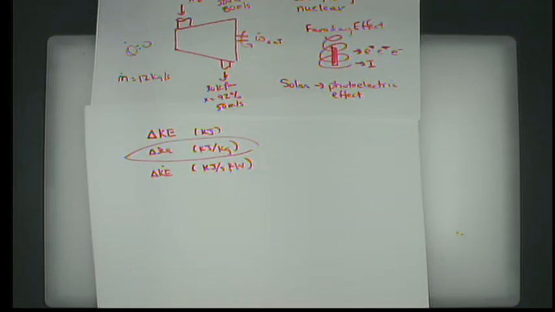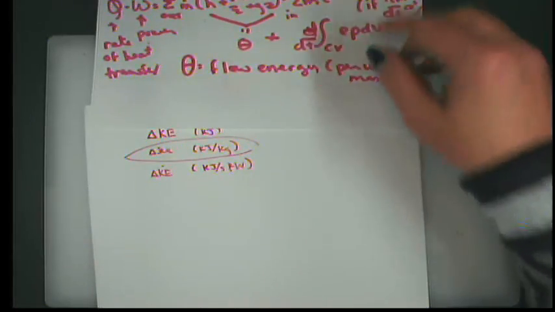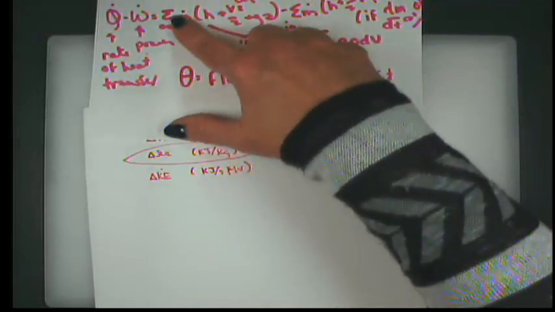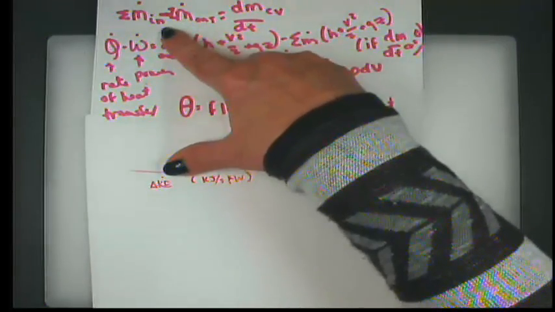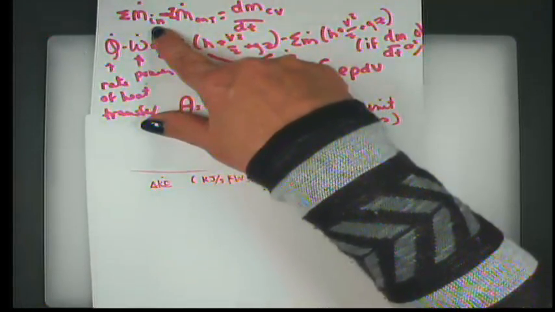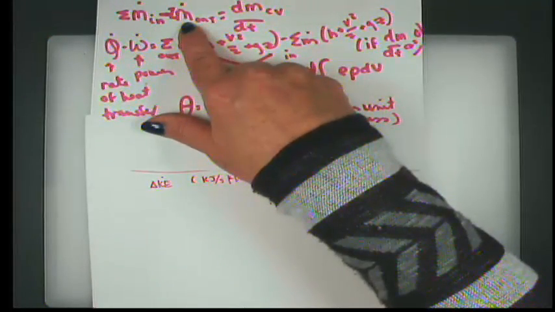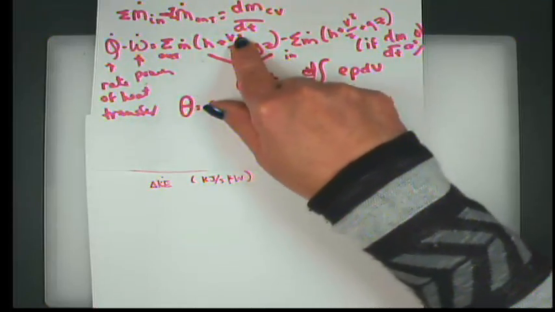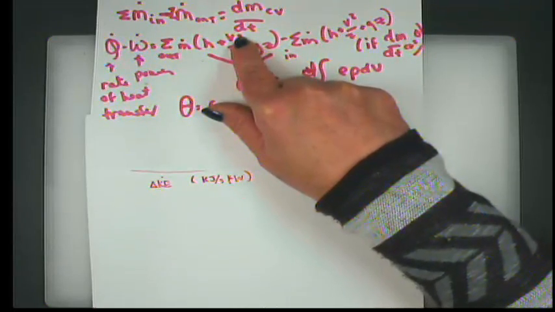All right, so we know all of our conditions. Let's go back and take a look at some of the equations that we developed the last time we met: the summation of mass flow rates in minus the summation of mass flow rates out is equal to the rate of change of mass within the control volume with respect to time.